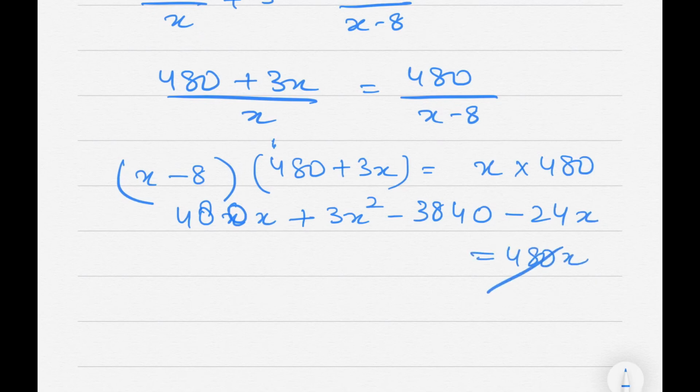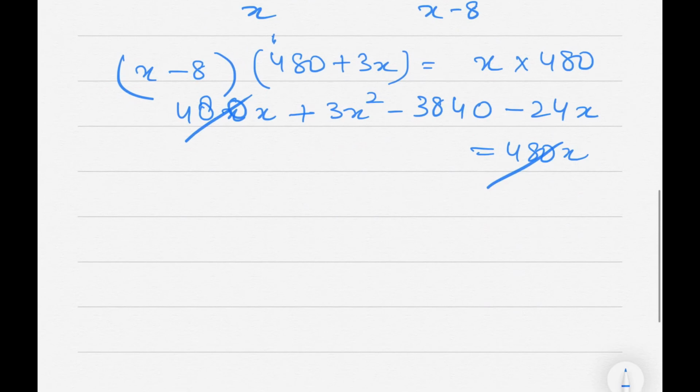So 480x will get cancelled on both sides. Now I'll get 3x² − 24x − 3840 = 0. Do I have 3 common? Yes, 3 is common in 24 also, and if I add the digits of the last term, 3 plus 8 plus 4 plus 0 is 15, so this is also divisible by 3.